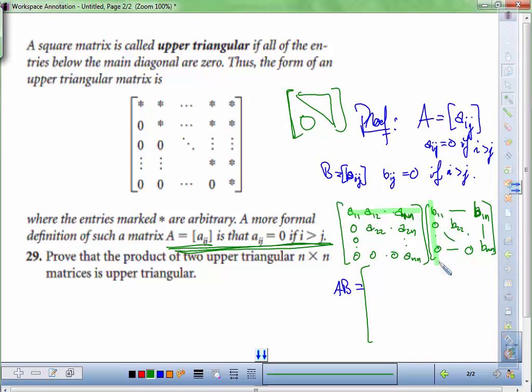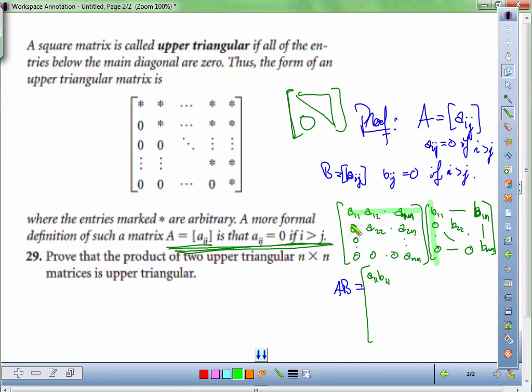So the first slot here is going to be A11 times B11, and then all these other terms here are going to be multiplied by zeros. So A11, B11, that's your first term. Let's take a look at the second term. That would be this row and the second column.